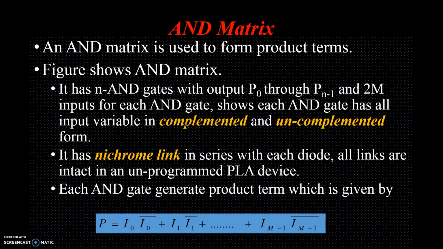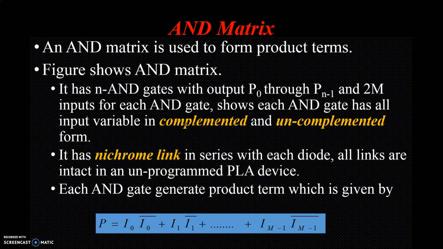AND matrix. An AND matrix is used to form product terms. The figure shows the AND matrix. It has n AND gates with outputs P0 through Pn minus 1, and it has 2m inputs for each AND gate. That shows each AND gate has all the input variables in complemented and uncomplemented form.